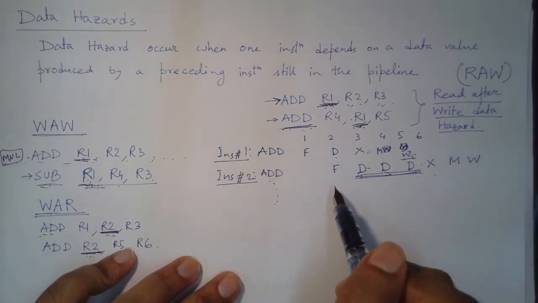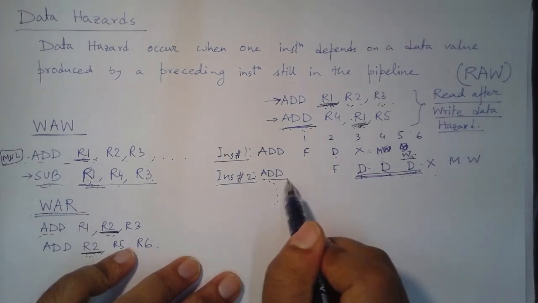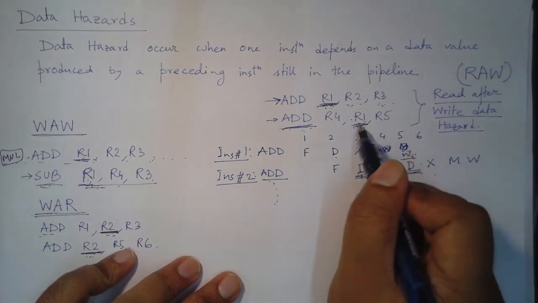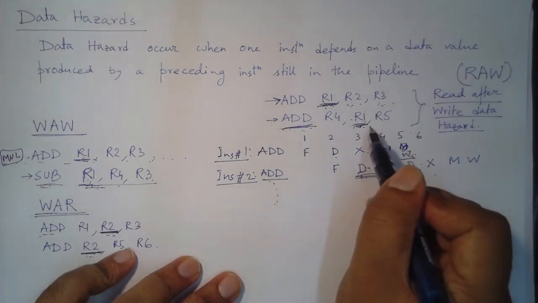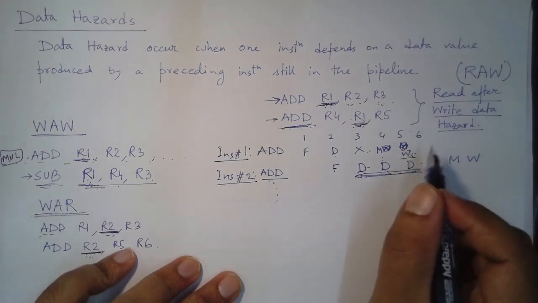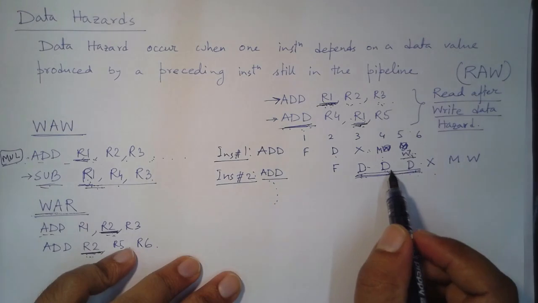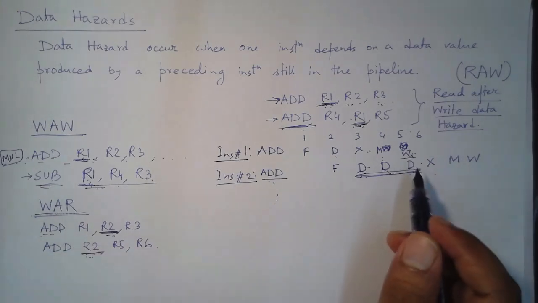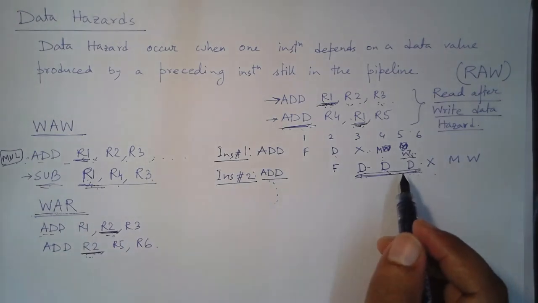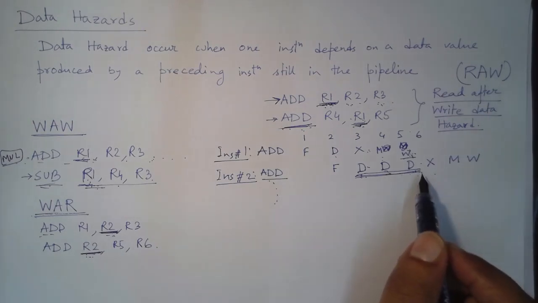So, to have a clarity, what we are saying? We are saying that this add instruction will require the actual value of R1 in the execution stage, though from our previous discussion it was clear that in the decode stage itself all the values should be ready, but yeah, that's true, but the value will be used in the execution stage only.